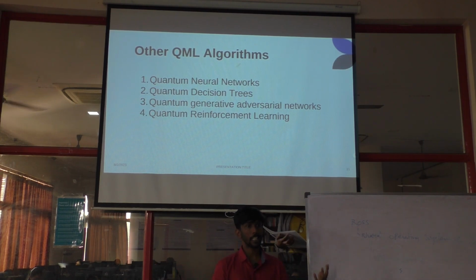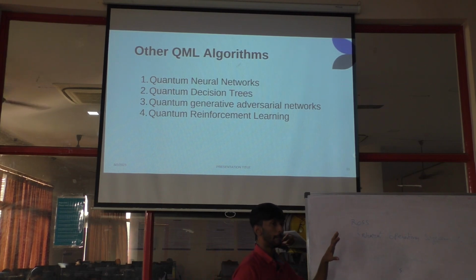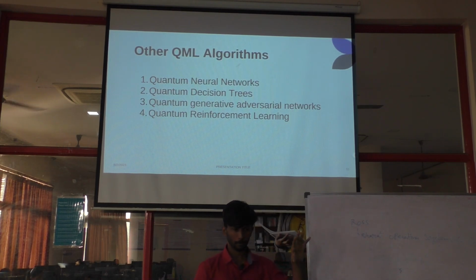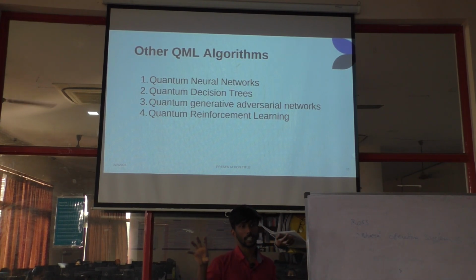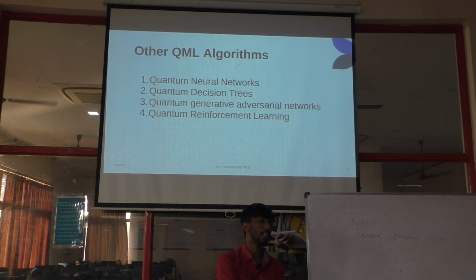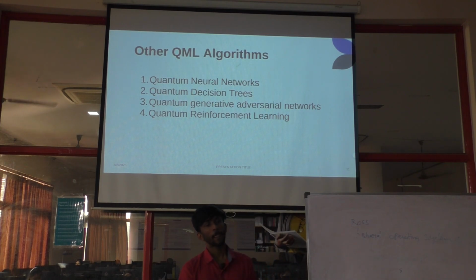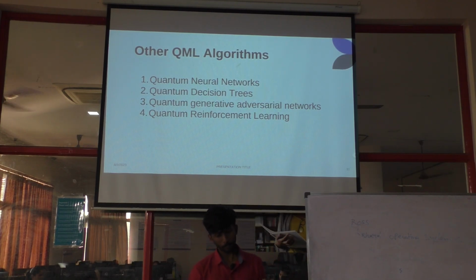You build two neural network models, one called a generator and another called a classifier. What we can essentially do is make the generator a quantum generator, a quantum neural network layer, and the classifier a simple classical neural network layer. This is another interesting algorithm that we have.